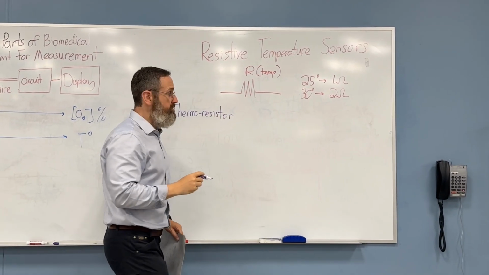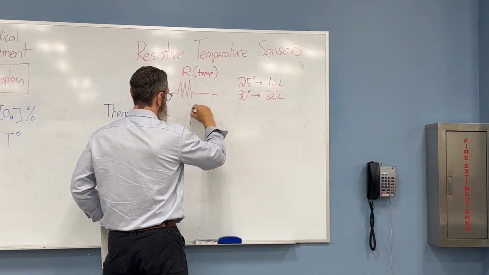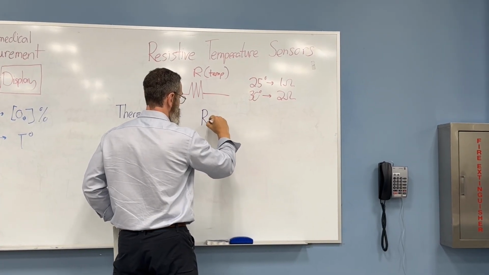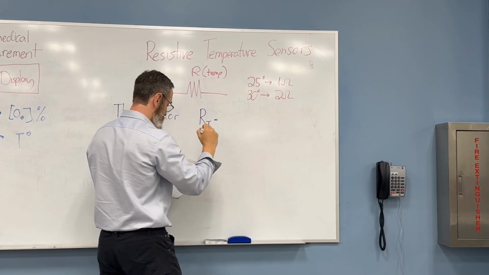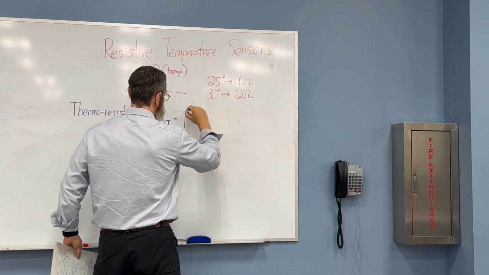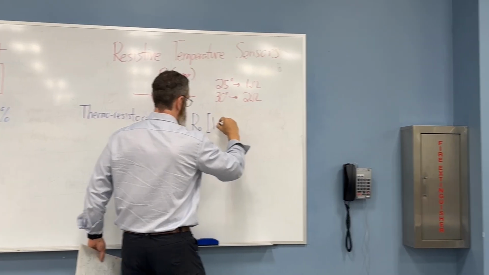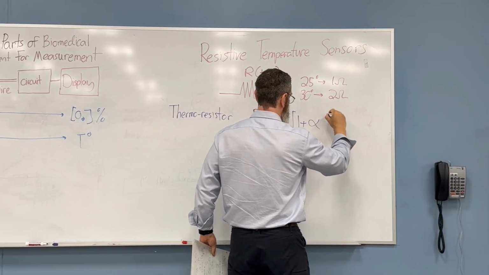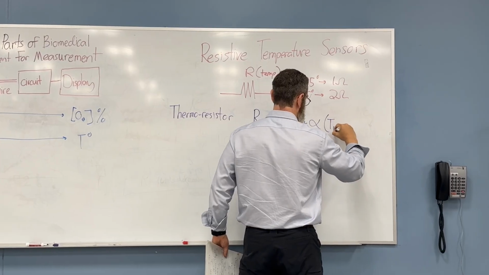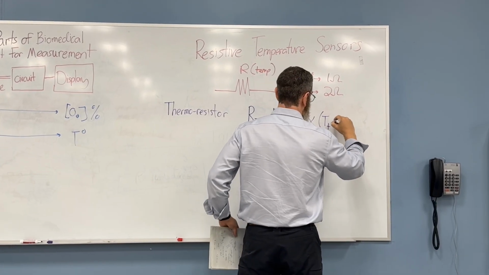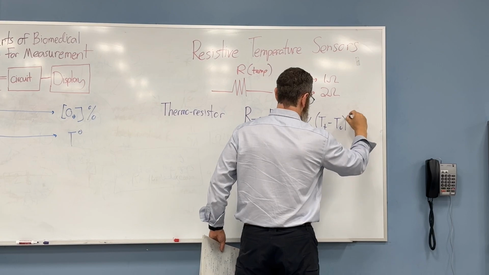And with a thermoresistor, the resistance is a function of temperature given by the equation R sub 0 times 1 plus alpha times temperature T minus temperature T sub 0. Okay.